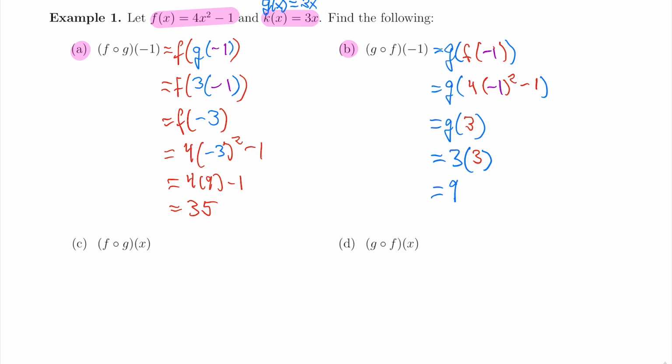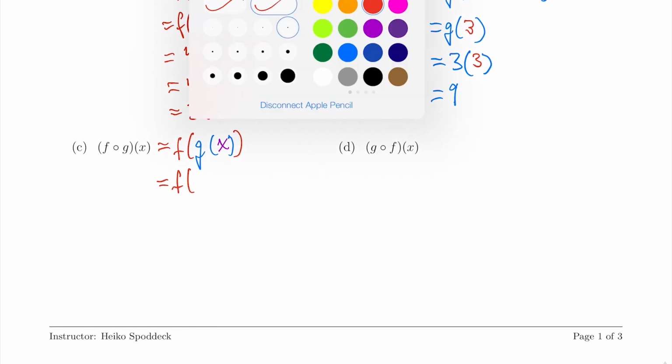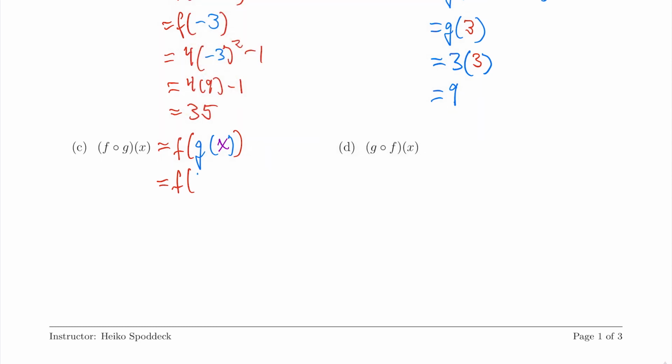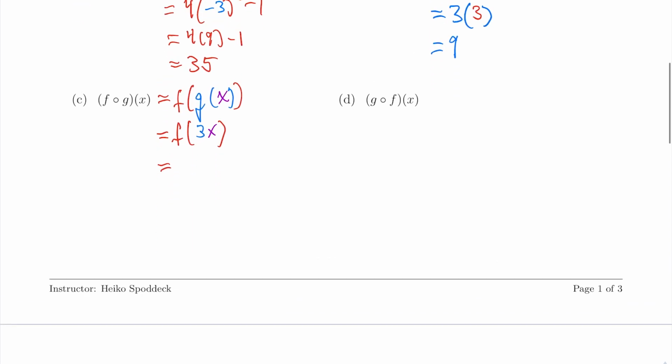So if we go back to having our f composed with g, I'm again going to take my outside function f of, and then my inside function g, and then my general input x. Well, let's plug in our general formulas. Our general formula for g of x is 3 times x, our input, and then we plug that into our formula for f, which was 4x squared minus 1.